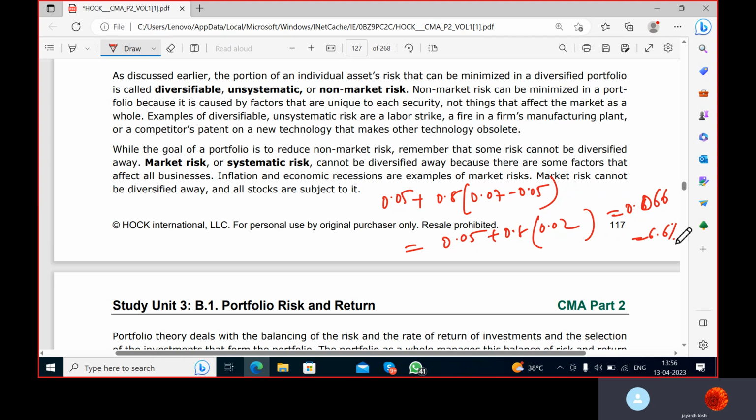So 0.07 minus 0.05 is 0.02. 0.02 into 0.8, whatever you get, plus 0.05.